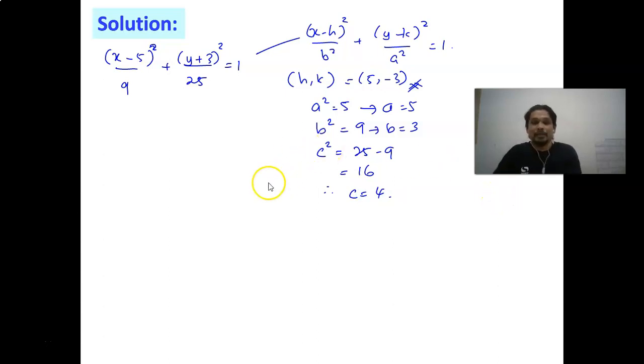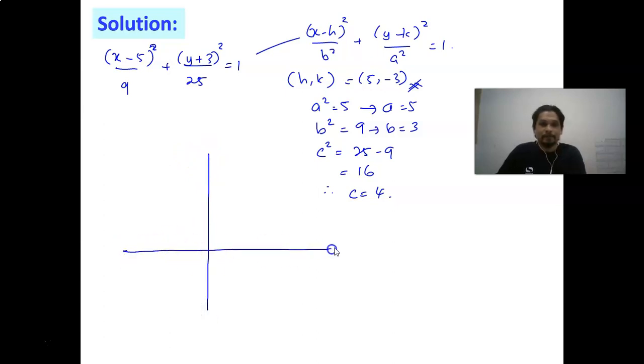Okay, so now let's sketch the graph of this. The center is 5 and negative 3. So this is the center now.